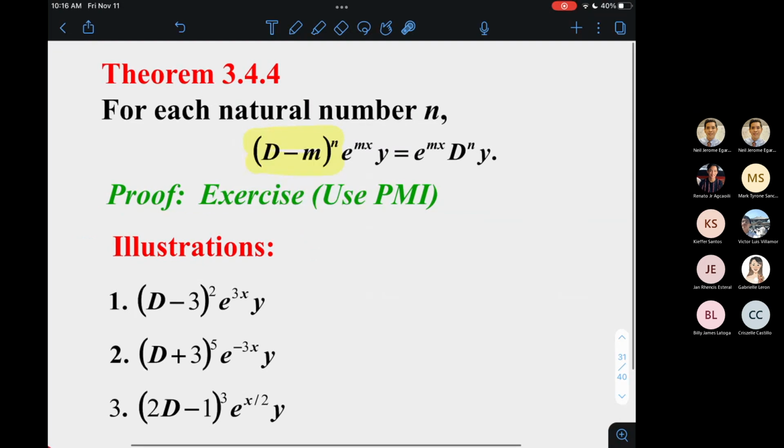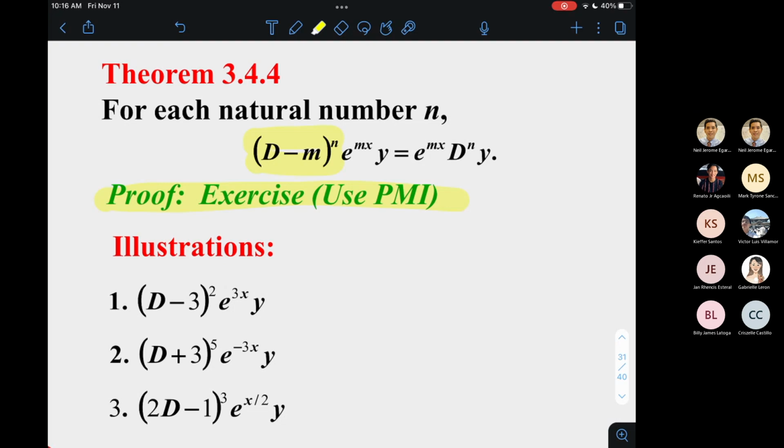But this is a nice theorem, but I will not present the proof to you. So yung proof niya pwede niyong gawin by principle of mathematical induction, katulad ng ginawa natin in a previous theorem earlier. What is important for us in this theorem ay paano siya ina-apply.